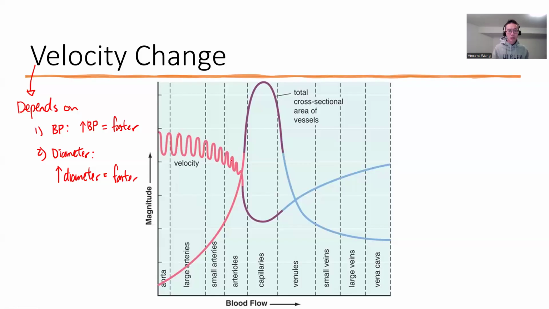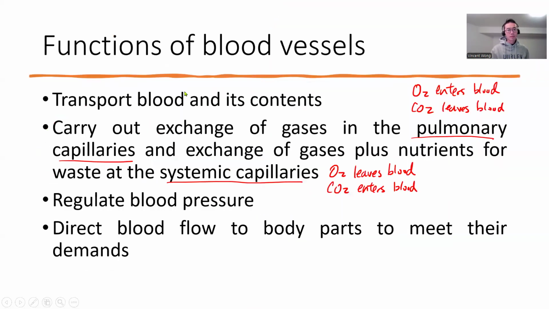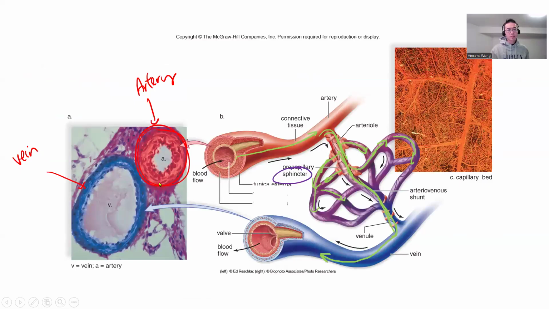Okay, so over here for the arteries, they are high pressure, but they are smaller relatively. Remember that picture I showed you earlier with the artery next to the vein, right? You can see the vein was much bigger, right? Let's go back here, quickly show you. Right here, right? You see the vein is much bigger compared to the artery.